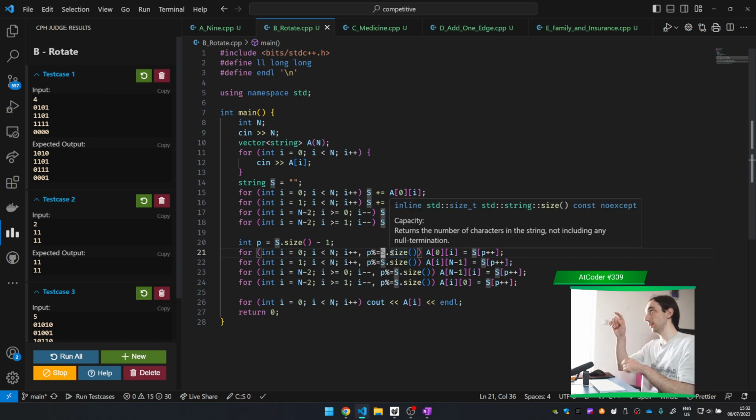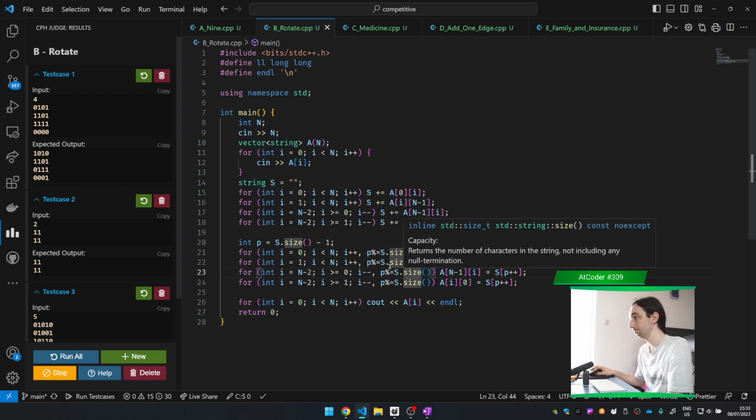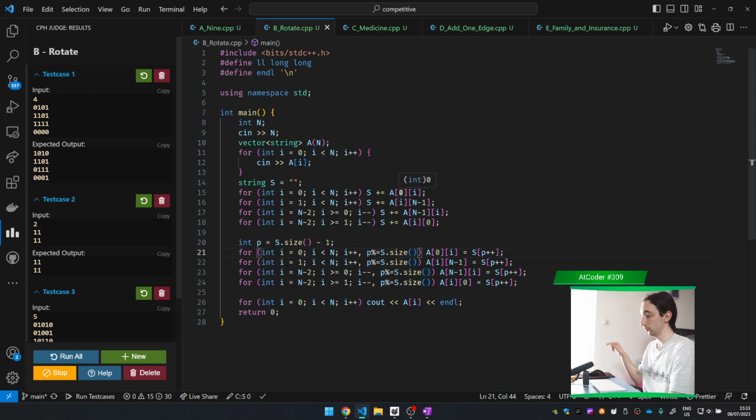S.size is just 4n minus 4 or something like that. And this modulo is just to come back over to 0 when you go over. And then you print all of these strings, so all of this matrix at the end. So it's pretty straightforward.